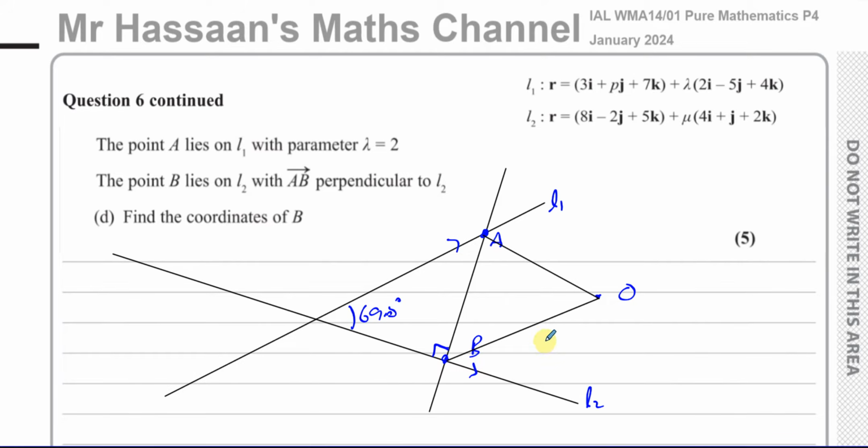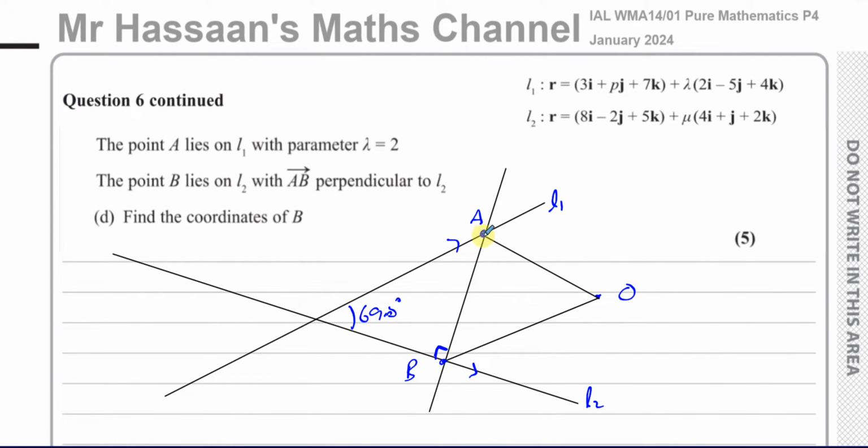I've got to find the coordinates of point B. That will be found if I find the vector from O to B. If I know the vector OB, that will tell me the coordinates of B. So this is the point B, that's a right angle, and that's A.